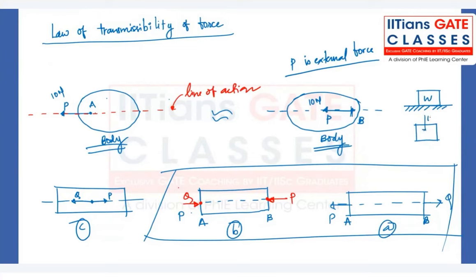It's your choice. This is a simple case, but if any complex problem comes, then this law of transmissibility helps you make your free body diagram simpler, and you can easily calculate the total force in that direction. Similarly, the normal reaction created by the surface you can draw here or also here. Whichever you want.